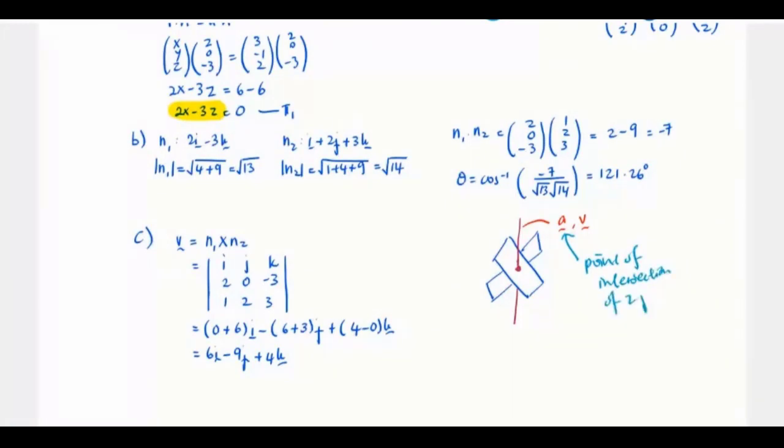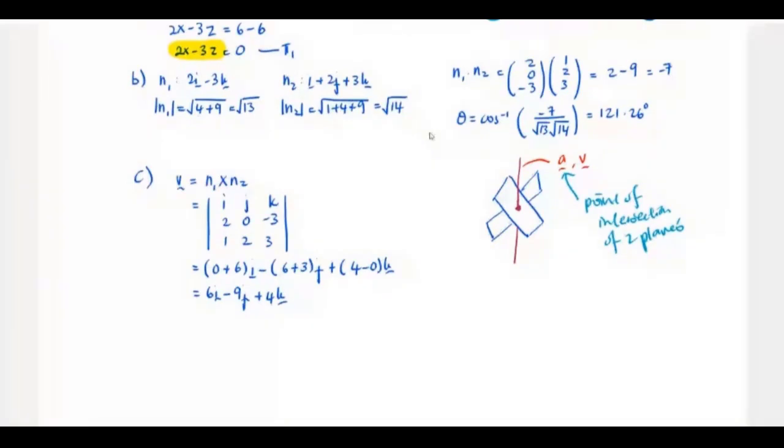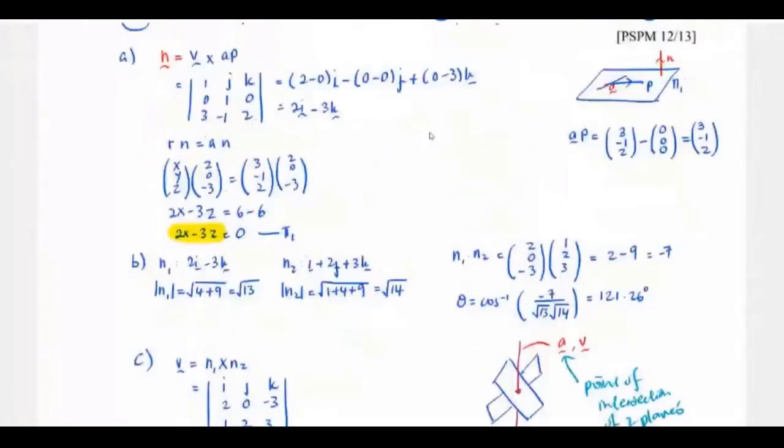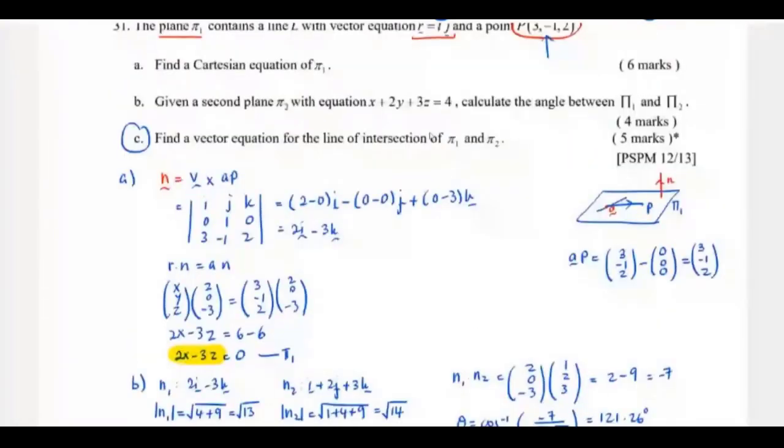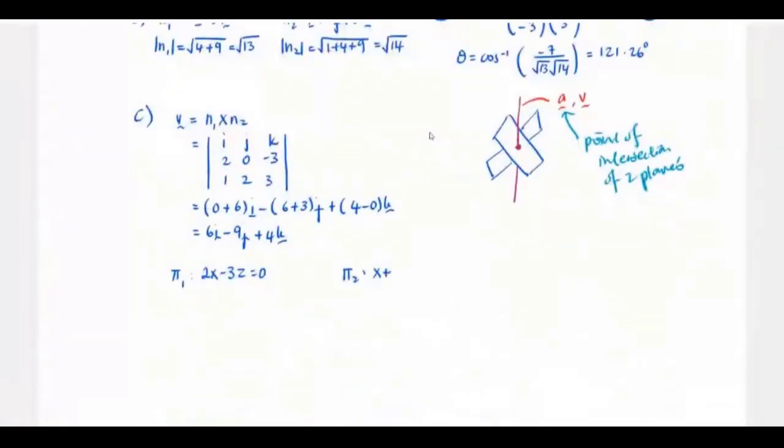Ini adalah point of intersection of two planes. Okay, so your plane 1 which is 2x minus 3z equal to 0. And plane 2 adalah x plus 2y plus 3z equal to 4, isn't it? Yeah, 4.